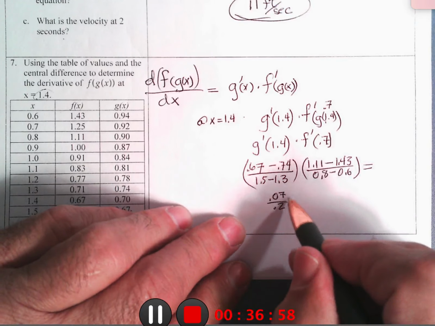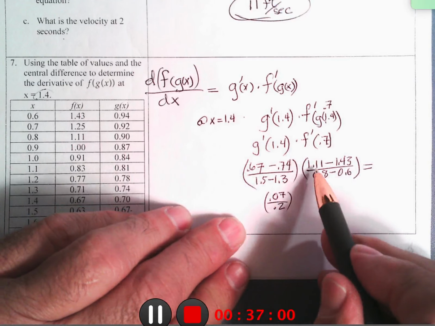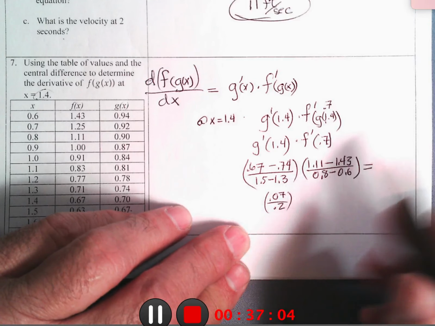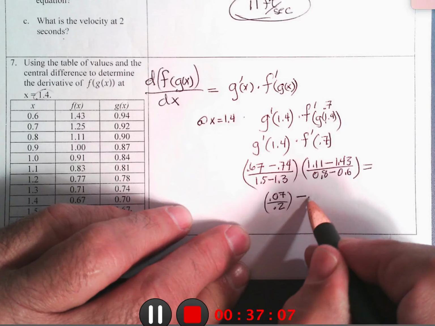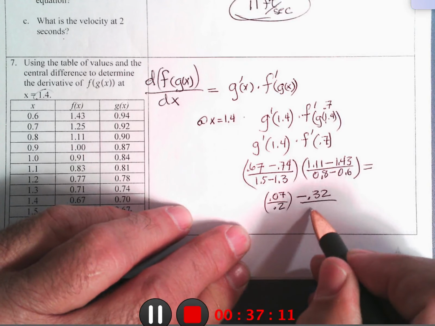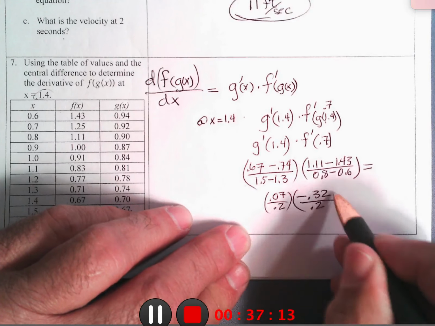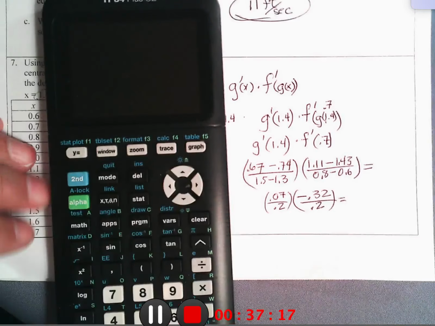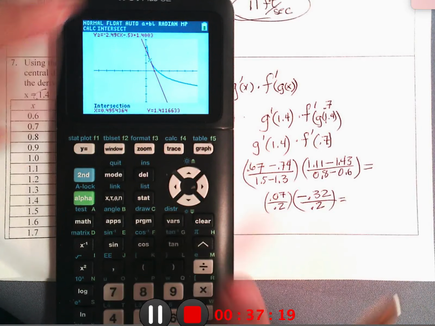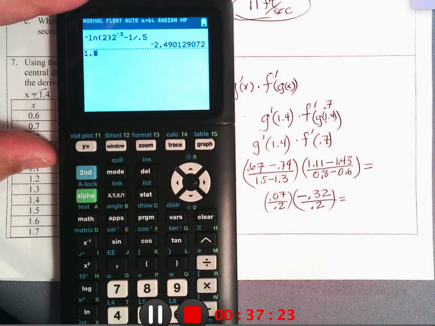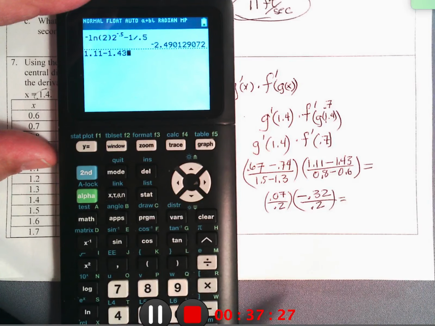times negative 0.32 divided by 0.2. I'm going to quickly check my mental arithmetic here. 1.11 minus 1.43, because I don't want to make a mistake, negative 0.32.